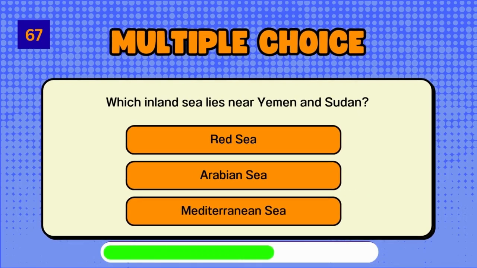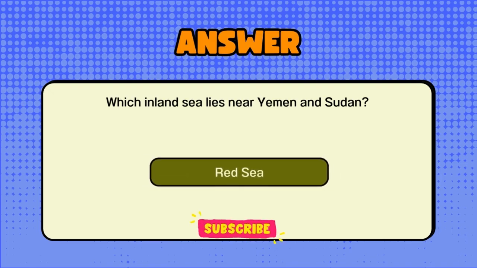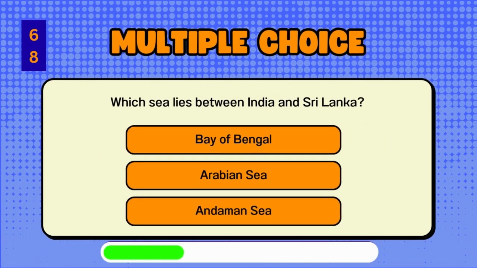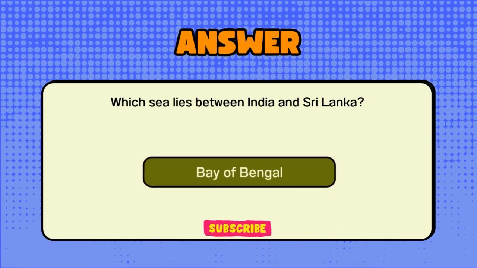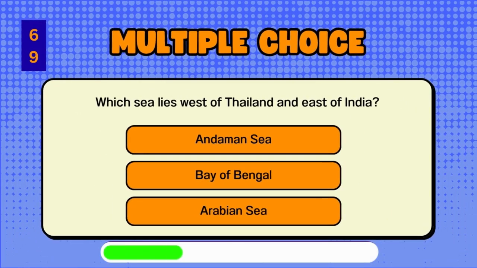Which inland sea lies near Yemen and Sudan? Which sea lies between India and Sri Lanka? Which sea lies west of Thailand and east of India?